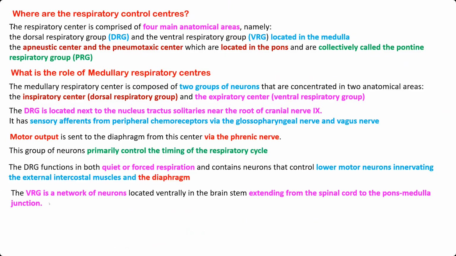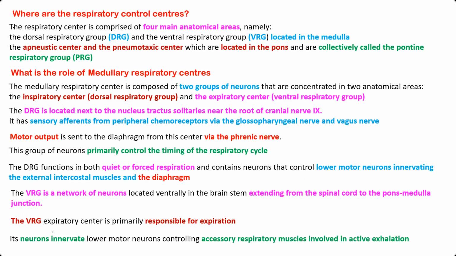And the ventral group is a network of neurons extending from the brainstem to the spinal cord, at the pons and medulla junction. The VRG, as I told earlier, is the center for the expiratory muscles responsible for expiration. The neurons innervate the lower motor neurons controlling the accessory respiratory muscles involved in active exhalation.